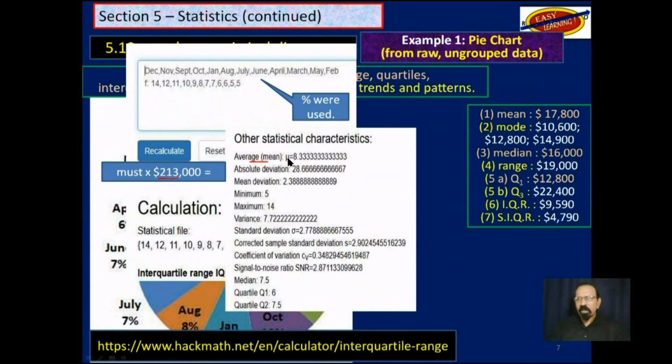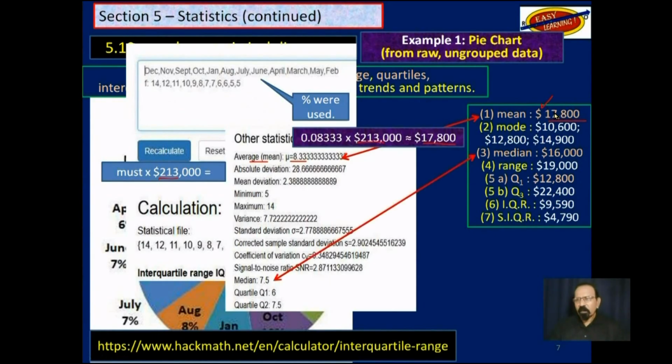So mean is 8.333. If we multiply that by 213,000, we get 17,800, which is exactly what we got from the pie chart. The median, 7.5 from the calculator multiplied by 213,000, approximately 16,000, which is exactly what we got from the pie chart. The second quartile, which is the median, which is what we just looked at, is the same, 16,000.